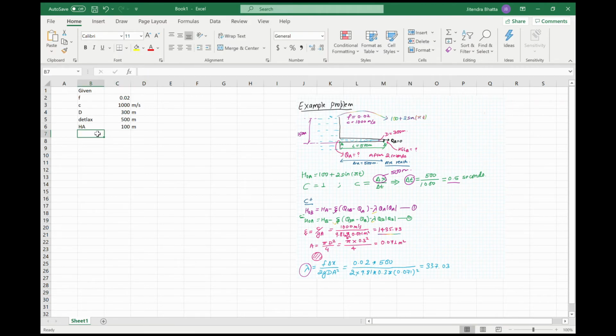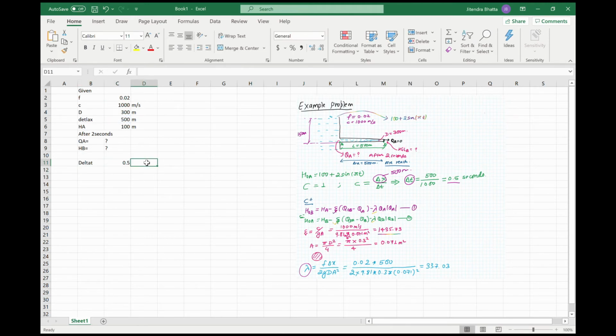Now we have to find after 2 seconds discharge at A equals to what and head at B equals to what. Now let's find out our step. So delta T will be equal to delta X divided by C.